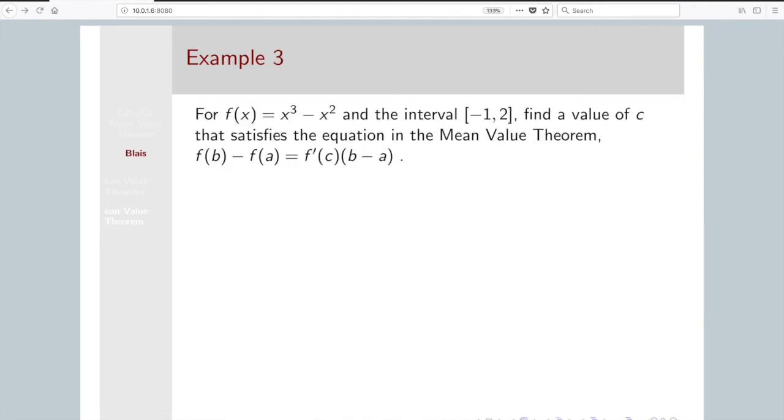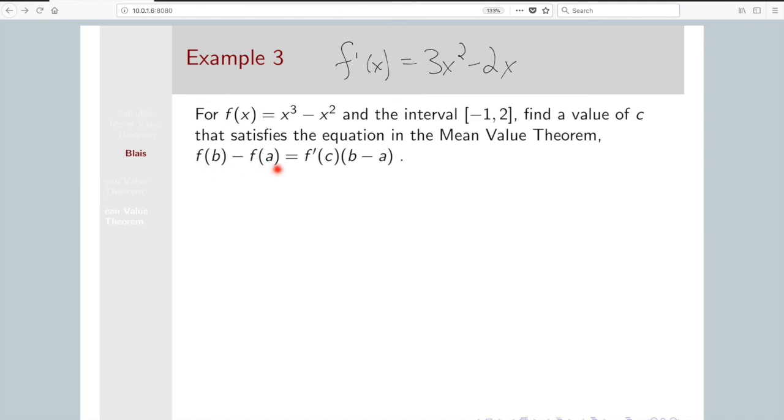Let's look at a more textbook style example. Given the function x cubed minus x squared on the interval minus 1, 2, find a value of c that satisfies the equation in the mean value theorem. Well, we know that we have to get the derivative of f, so why don't we do that right away? f prime of x is 3x squared minus 2x.